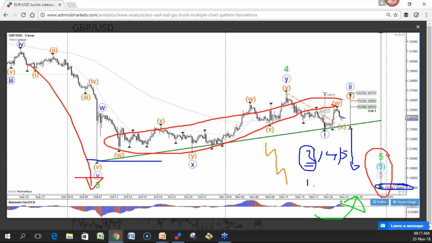How long could this take? Could be 2018. That might take a long time. And what could propel this movement in 2018? Funny enough, it's something that we don't know, obviously.